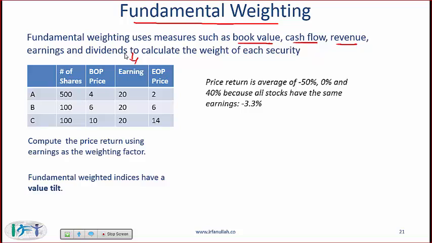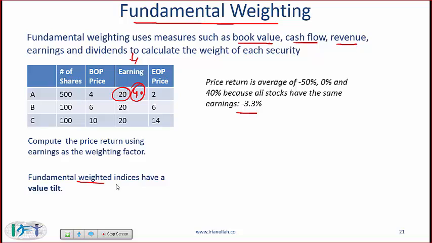So the company with higher earnings will have a higher weight, lower earnings will have a lower weight. In this simplistic example, I'm giving an equal weight to all three, so our return will be similar to equal weighting. If this entity had earnings of 40, then its weightage would be 2 times more than the weight of B. So that's an important point.